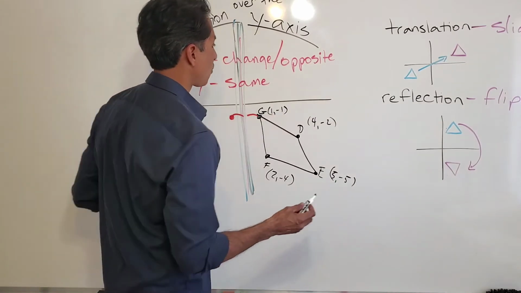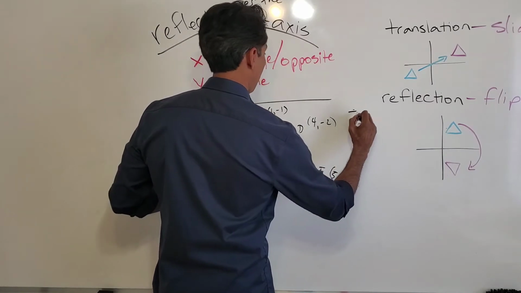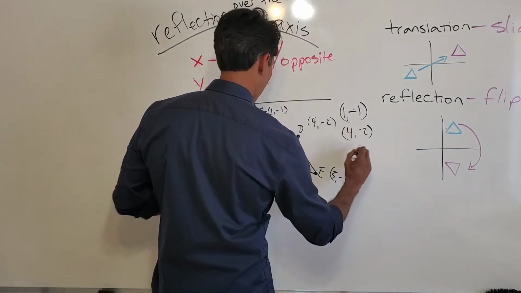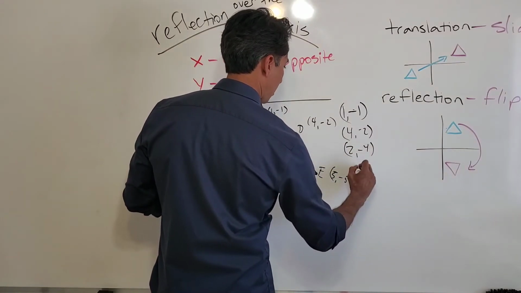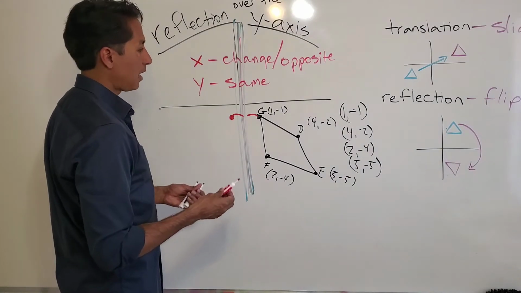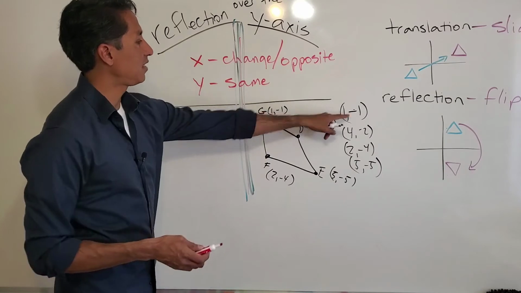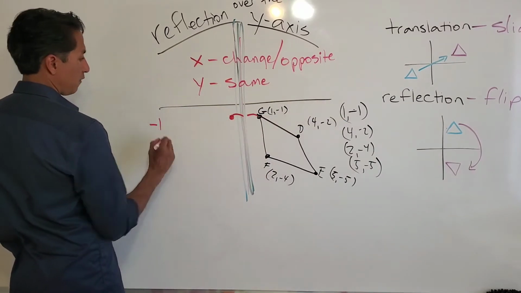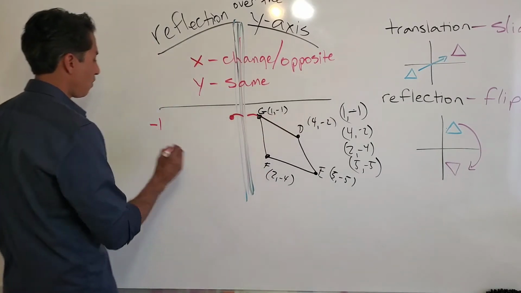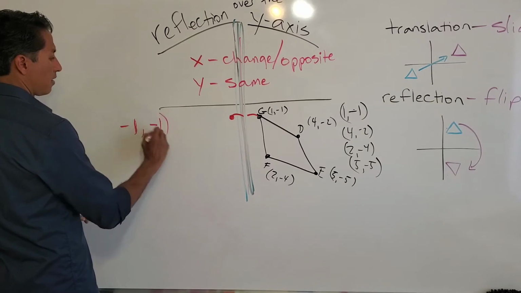So if I have these ordered pairs, let me write them out again. I got 1, -1, 4, -2, 2, -4, and 5, -5. In order to flip it over the y-axis, the y's stay the same. So I have -1, but the x is going to turn opposite. If it's a +1, it's now a -1.